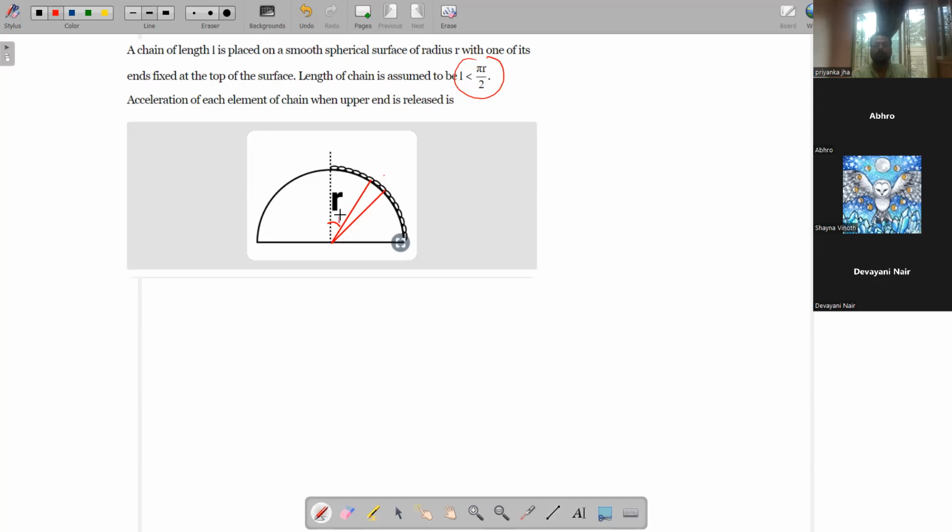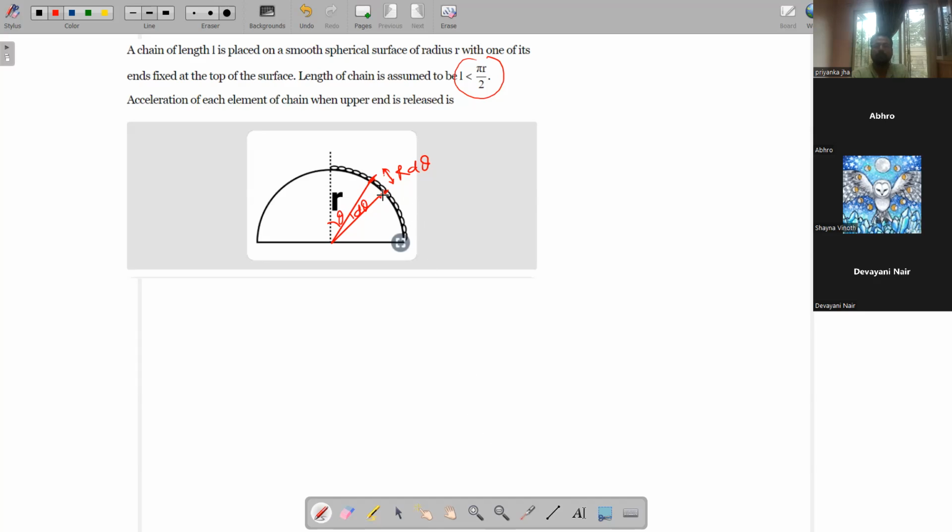So theta and then d theta, this element will be cut from this. We'll first talk about this element and then we'll integrate it so that we can get the result for the complete chain, right? This length is a very small element, so this length will be r d theta, with theta equal to L by r. Now on this element, we'll draw the FBD.